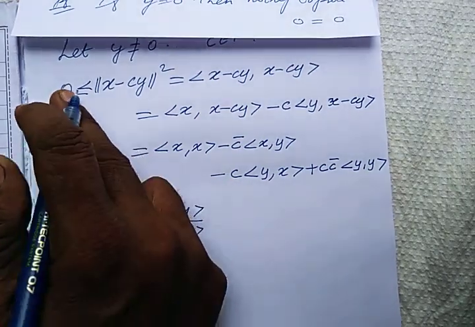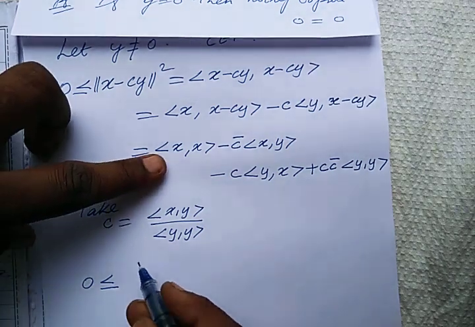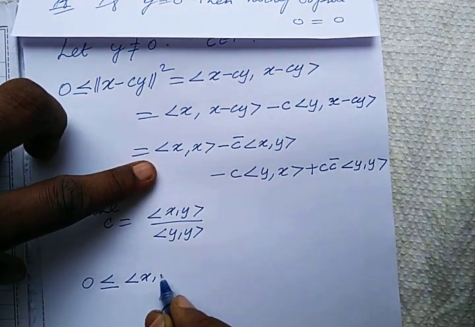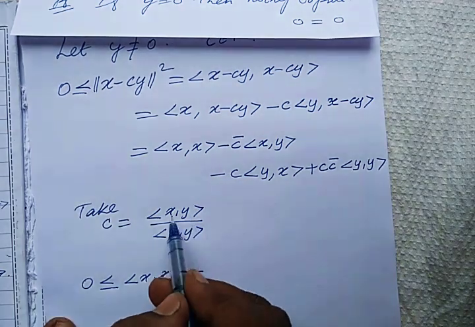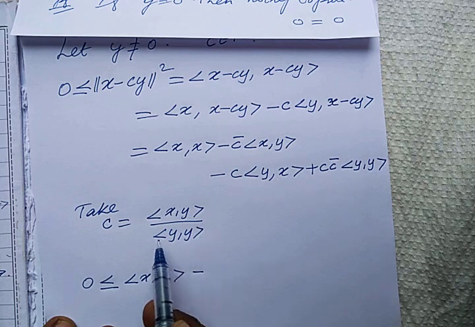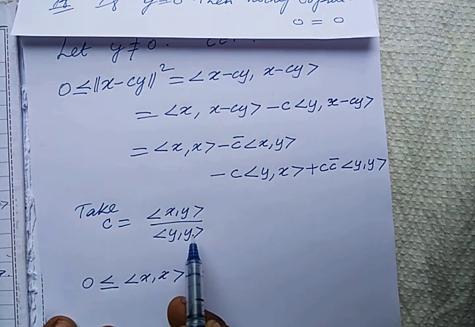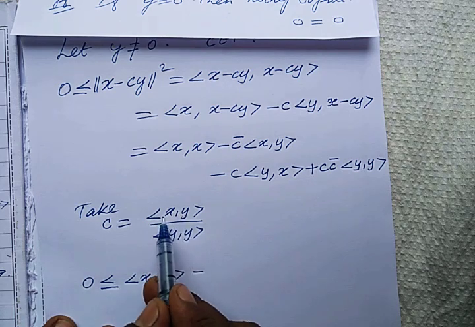The left hand side is 0 less than or equal to inner product of x comma x minus c bar. Here the denominator is always a real number, so no need to put any bar. Here if you put bar, it comes as inner product of y comma x.